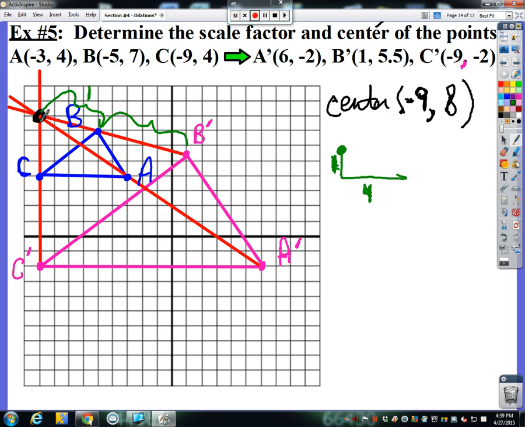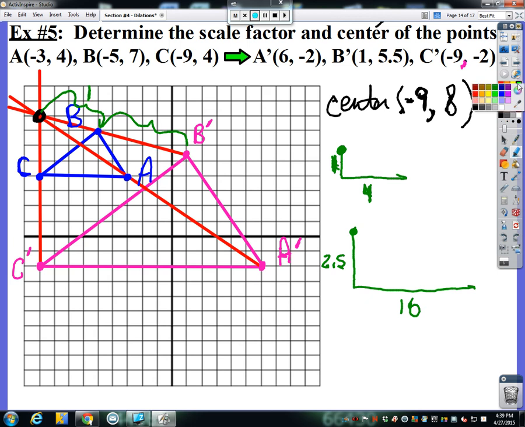It looks like I'd have to move down 2.5, because B prime was right in that half area. So down 2.5 over 1, 2, 3, 4, 5, 6, 7, 8, 9, 10. So it went down 2.5 and over 10.